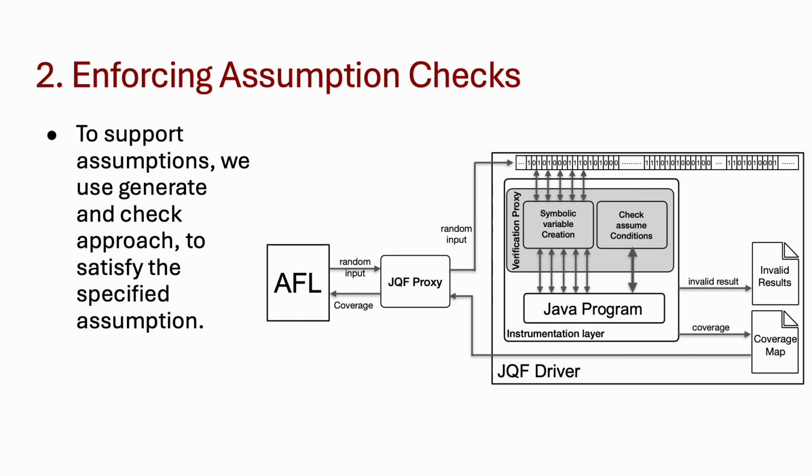So basically we just generate an input and then we check if it passes the assumption check, or the constraint that should be imposed on the input. If not, then we disregard this input and generate a new one. If yes, then all is good and we proceed. So basically it's just a simple generate and check approach.